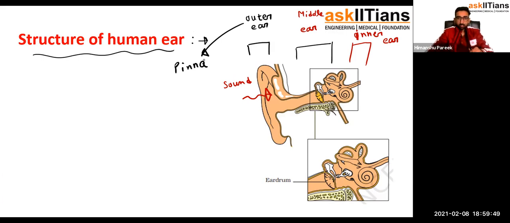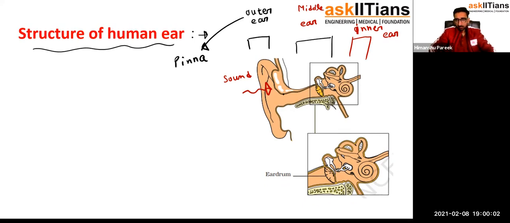And then the sound collected by the pinna will be passed to the middle ear. This path is called the auditory canal.